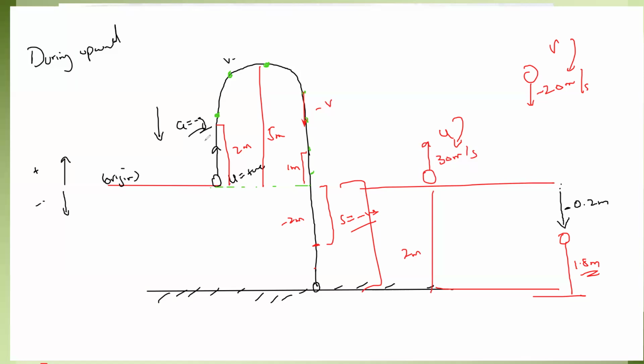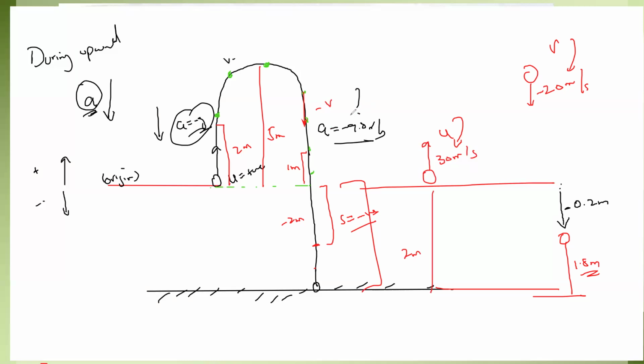Why did I take acceleration as negative in the first part? Because gravity is pulling the object towards the ground, so the direction of the acceleration is always towards the ground. That's why I took acceleration as negative. Even for the downward motion, even at this point, when I'm considering a full motion, I'll also consider acceleration as negative.